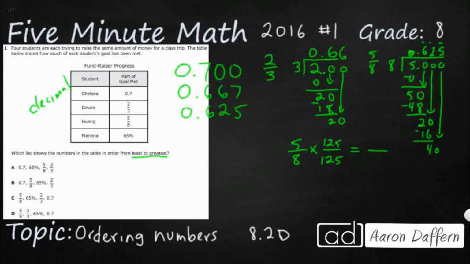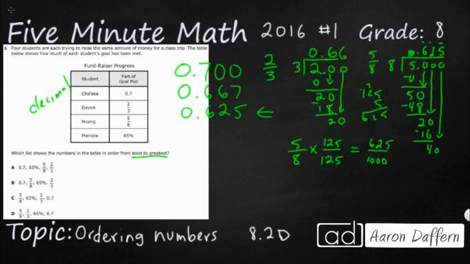And you're like, why would I want to do that? Well, 8 times 125 actually makes 1,000. And then 5 times 125, you might be able to eyeball it, but guess what we're going to end up with? 625. So 625 over 1,000 equals this right here, 625 thousandths. So on 8ths, you can multiply by 125 over 125.